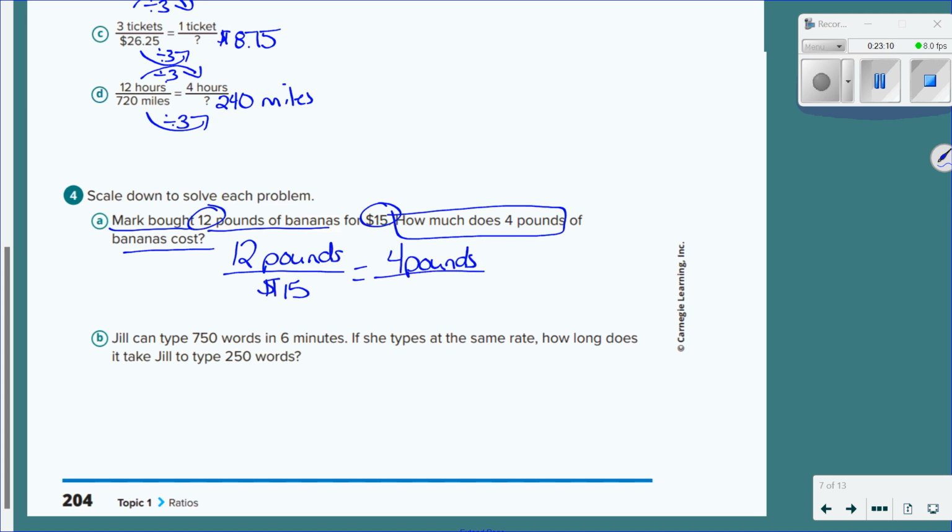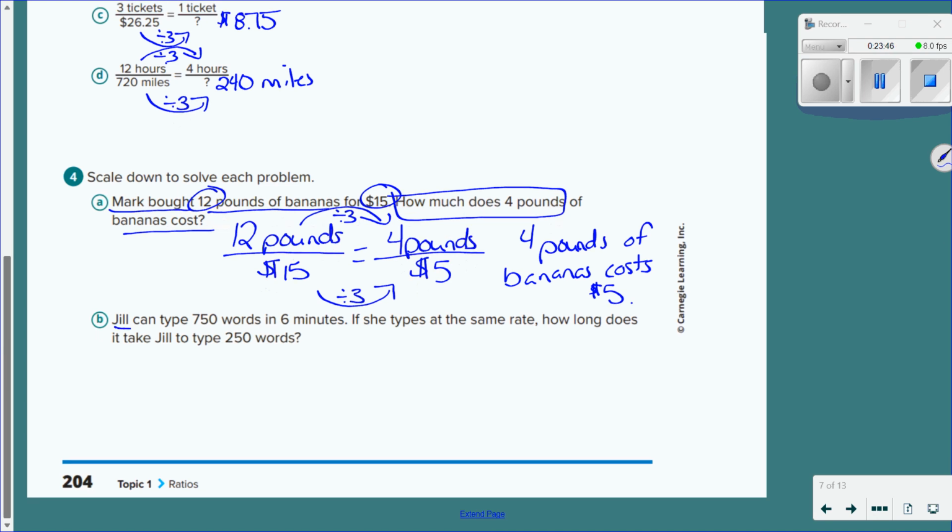Pounds is on my numerator, so it's on the numerator of my second fraction. Make sense? So what do I do to 12 to get to 4? Divided by 3. I am dividing by 3, so I need to do the same thing to my dollars. And what do I get? $5. So 4 pounds of bananas costs $5. Any questions about that?